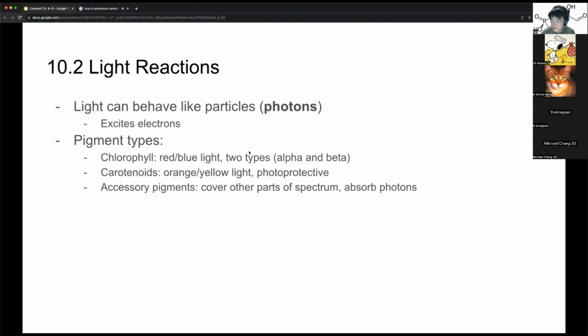So you have carotenoids, which use orange or yellow light, while chlorophyll is two types: chlorophyll A and chlorophyll B. Chlorophyll A absorbs red and blue light, and chlorophyll B absorbs violet, blue, and green light.